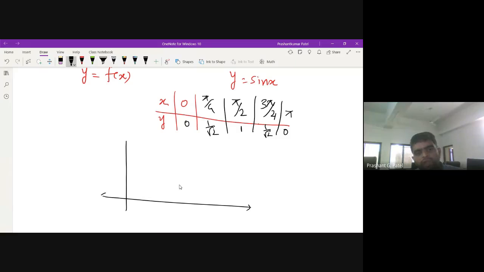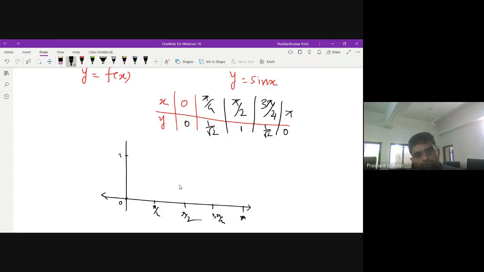That means this is the 0 point, this will be pi by 4, this is pi by 2, this is 3 pi by 4, and pi. Then you will plot the point 0, 0, then pi by 4 comma 1 by root 2.